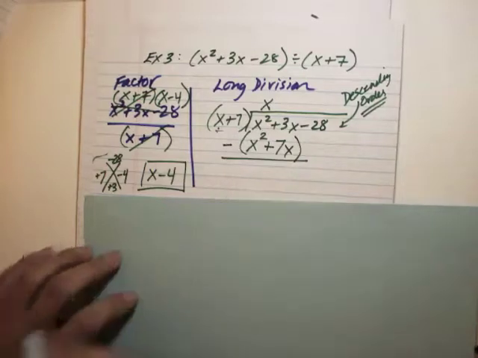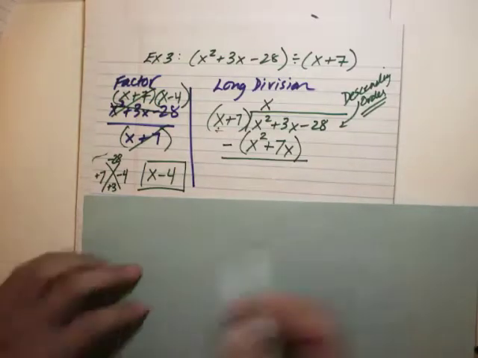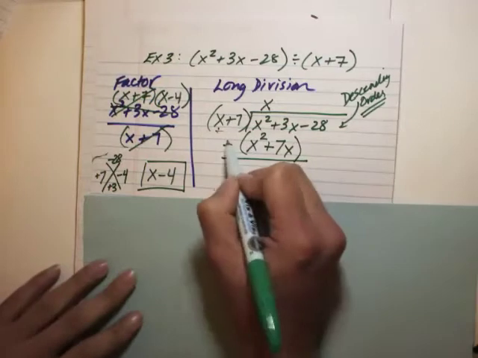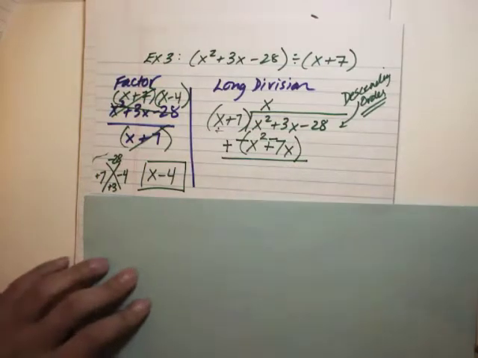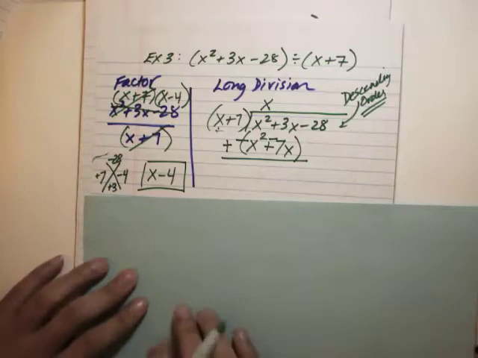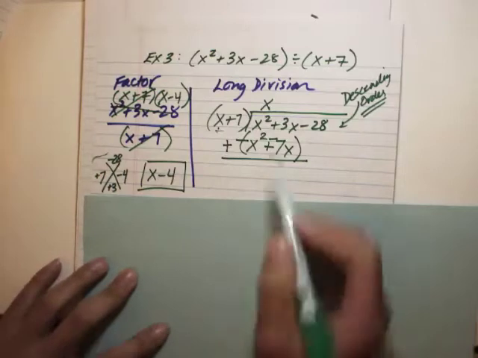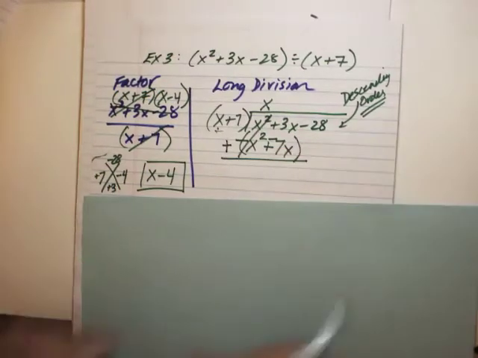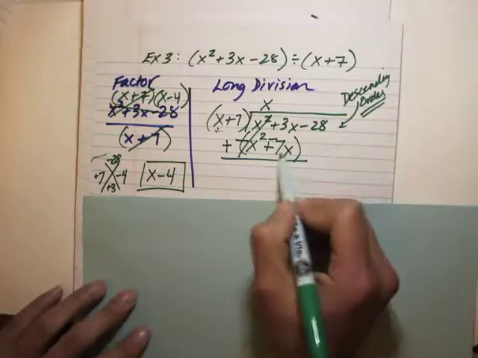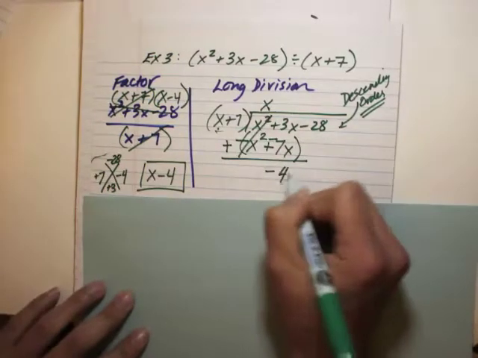When you subtract, I would suggest that, whenever we do subtraction, you just add the opposite. Some people say you can distribute that negative sign. It's the same thing. So now we're going to be adding the opposite. These will cancel out. 3x plus a negative 7x will give you a negative 4x.